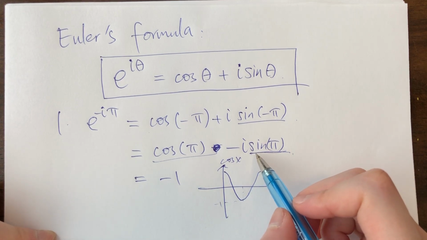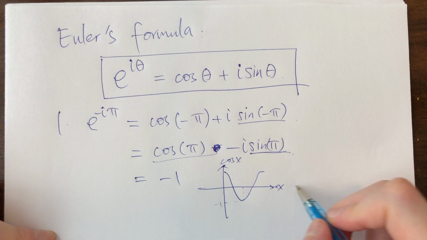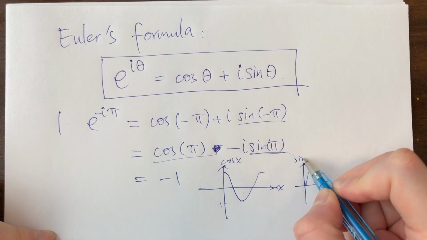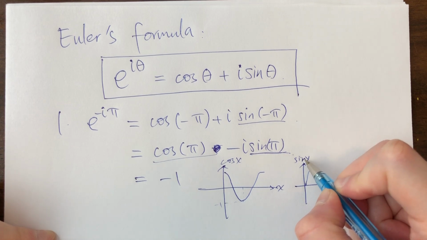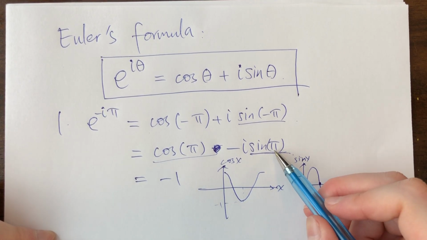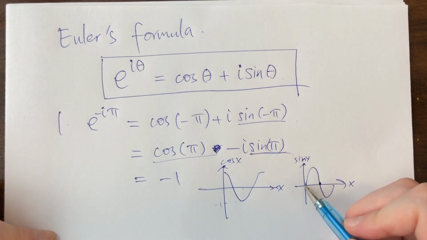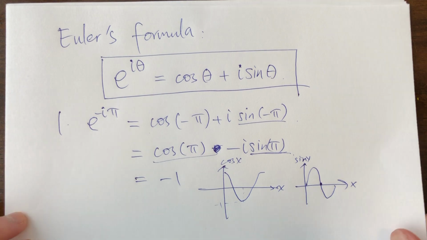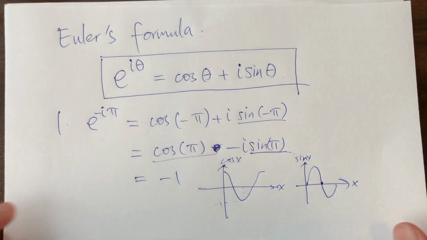Similarly, how do you know quickly that sine pi is 0? You memorize this picture for sine, and mentally think that if the input is pi, then the y value is 0.